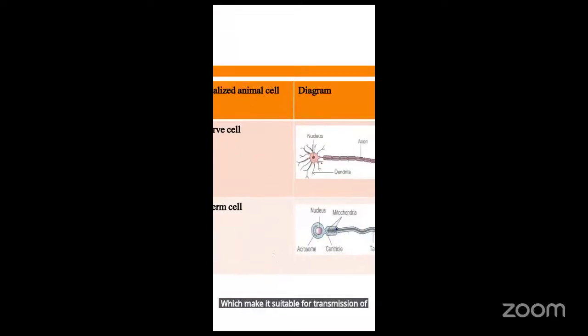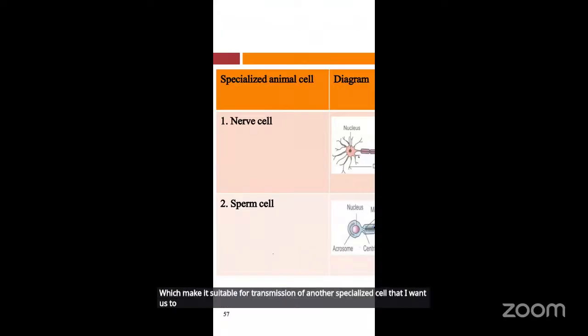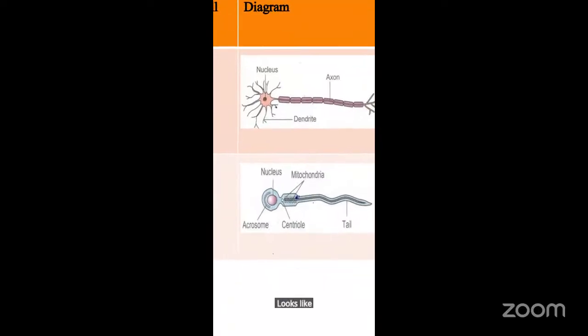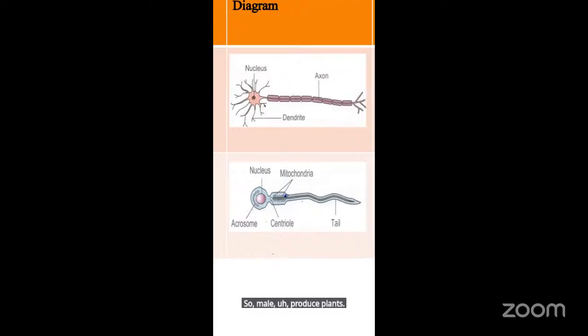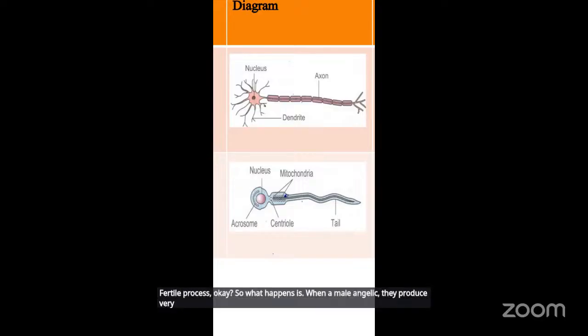Another specialized cell that I want us to look at in animals is a sperm cell. A sperm cell is a gamete produced by the male. Males produce sperms, and these sperms are used in the fertilization process. When a male ejaculates, they produce very many sperms which must swim against incredible odds.